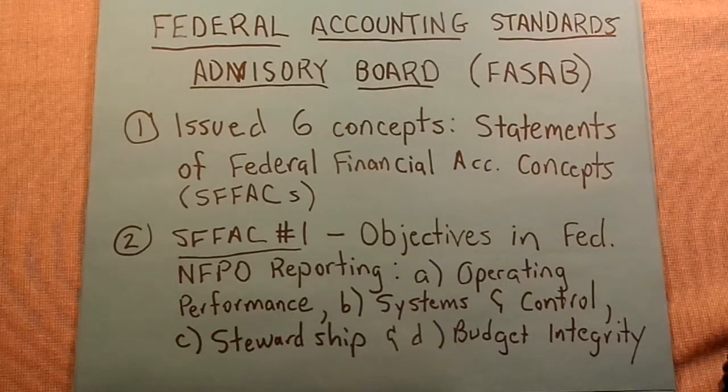This group issued 6 concepts, which they called Statements of Federal Financial Accounting Concepts. And number 1, which lays out what the government is trying to do with reporting, is an indication of the objectives in not-for-profit reporting, federal not-for-profit reporting.